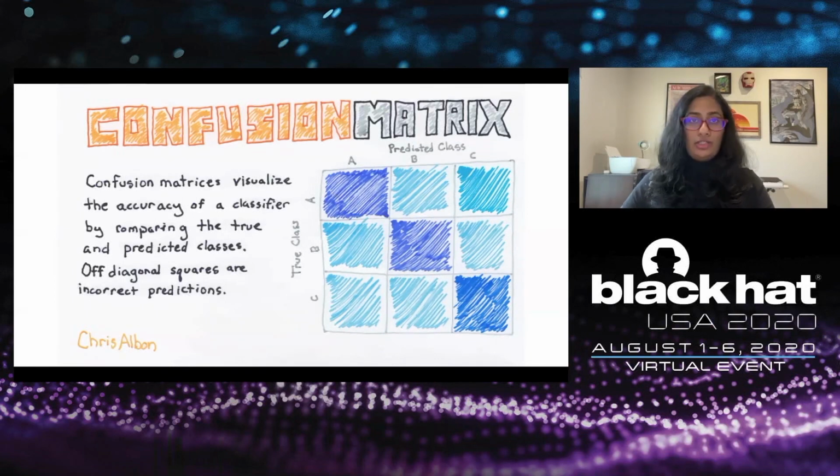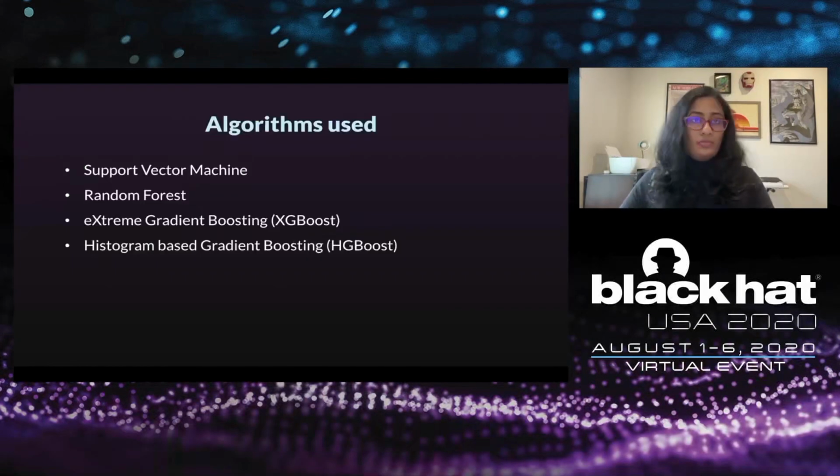In the plot, the y-axis is the true class, and the x-axis is the predicted class. So that makes all the diagonals the true positives and the true negatives, right? So you want them to be as high as possible, and you want the off-diagonal squares, which are the wrong predictions, to be as low as possible.